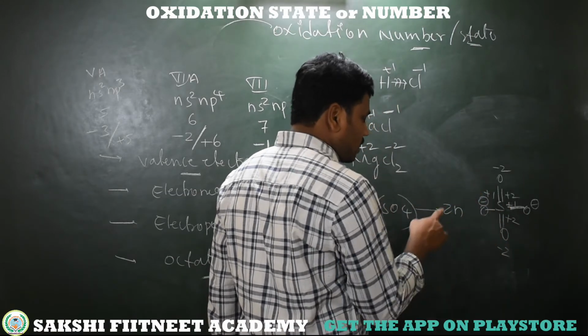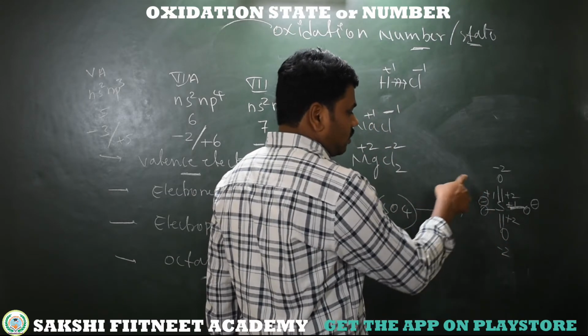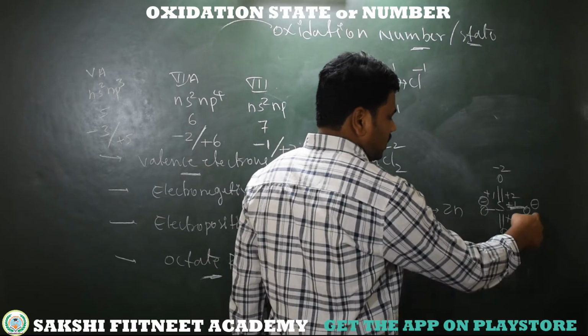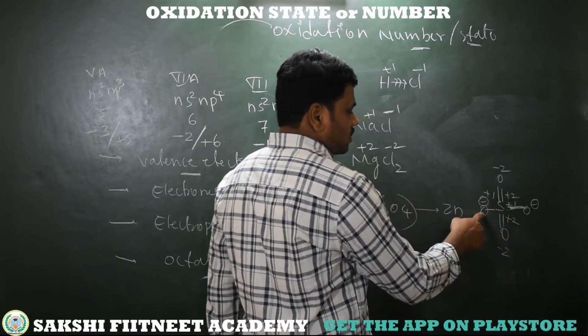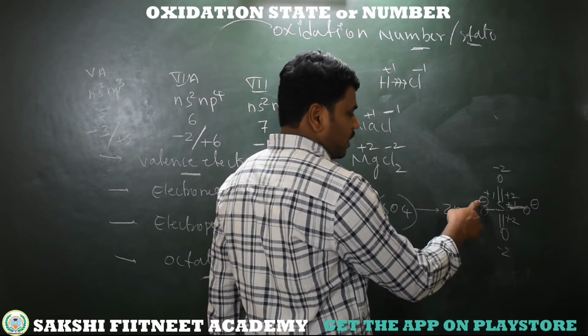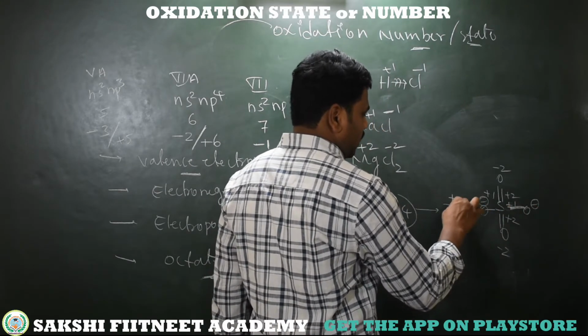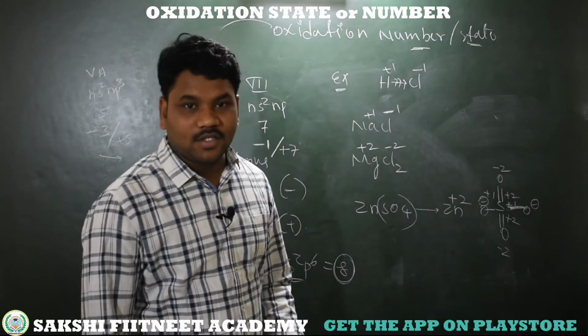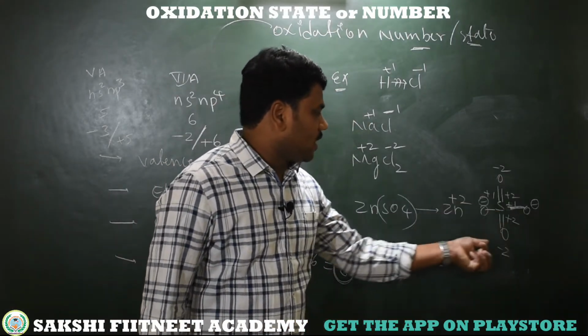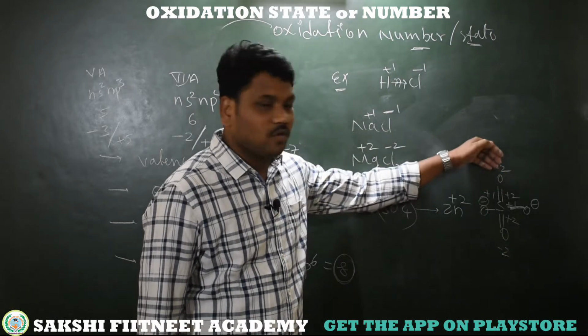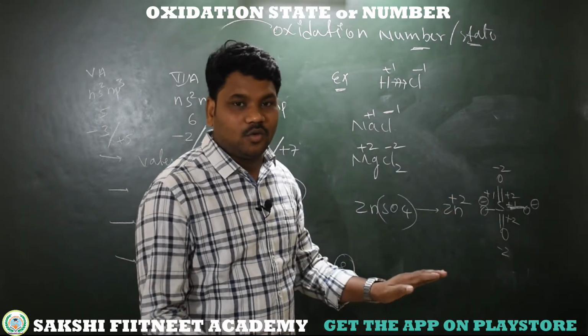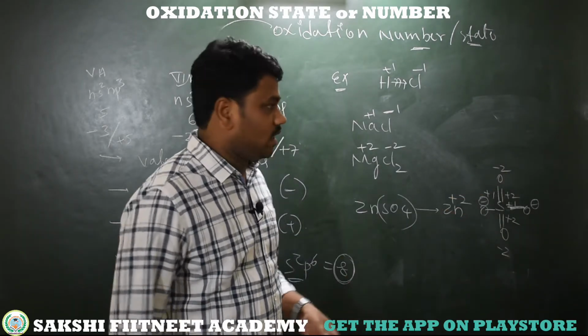So another electron is coming from zinc, 1 electron towards this oxygen, 1 electron towards this oxygen. So this oxygen gaining 1 electron gets -1, and this oxygen gaining 1 electron gets -1. So obviously zinc is donating 2 electrons. Zn +2, SO4 -2. So whenever you are writing SO4, it's fixed at -2 oxidation state.